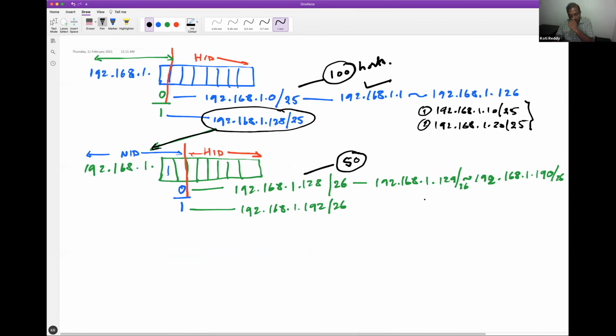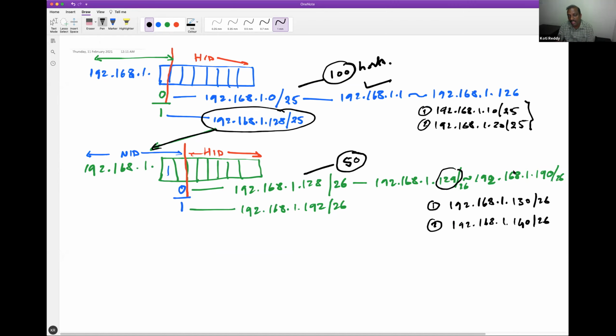Let us choose two IP addresses in this network. Let us take 130 slash 26. Then let's take the next one, jumping after 4, I take 140 slash 26. These two fall in this network ID, right?